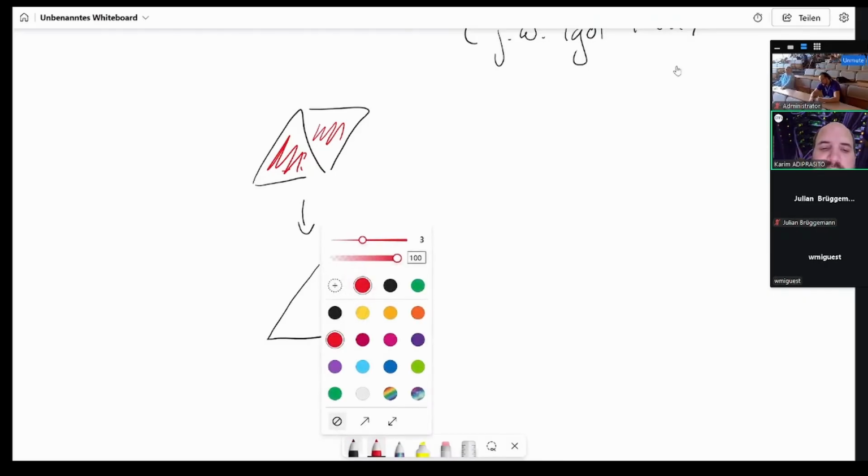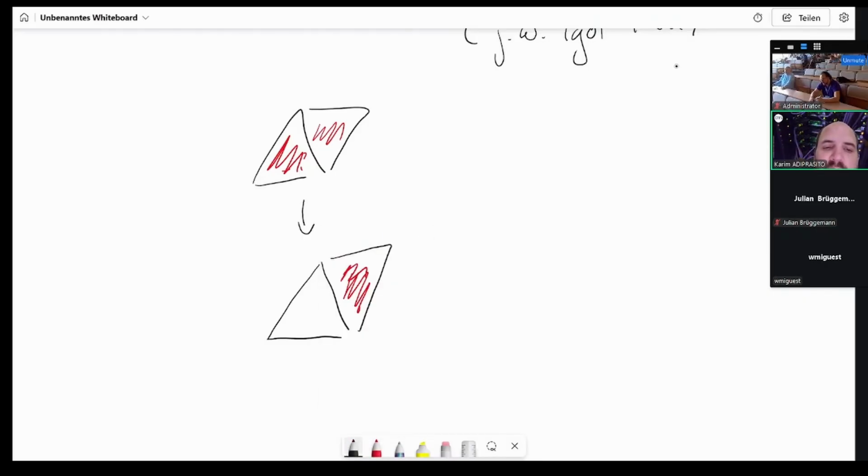So I look at what I removed, and I cone over the boundary. I left a hole here, the boundary of this triangle. That's my hole, and I take the cone over the boundary to fill it again, like this. So this would be one of the possible stellar moves.